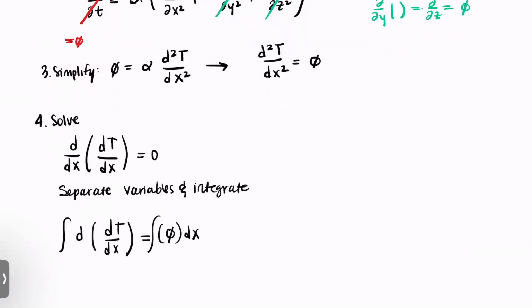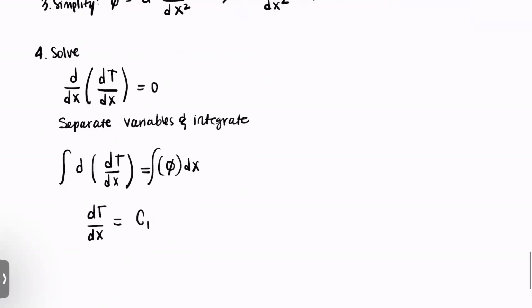On my left-hand side, I just get dT/dx, right? What do I get on my right-hand side? What's the integral of 0 dx? Yeah, we just pick up a constant. I'm going to call it C1. Then I'm going to separate my variables and integrate again.